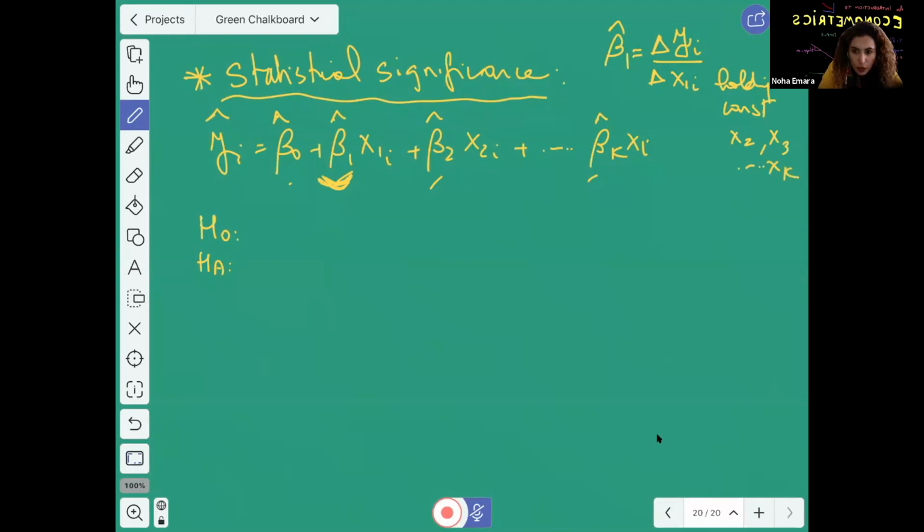Each and every coefficient is measuring just the effect of the related variable, holding constant all other variables. So my null hypothesis would be, let's think about this one: I would like to test whether the expectation of beta hat 1 is equal to 0 or not.